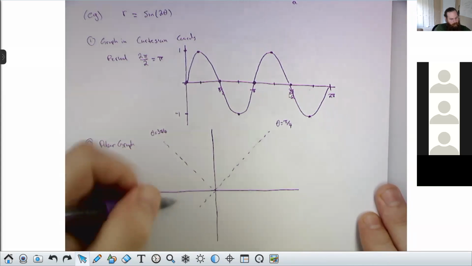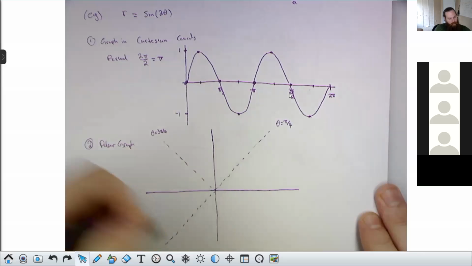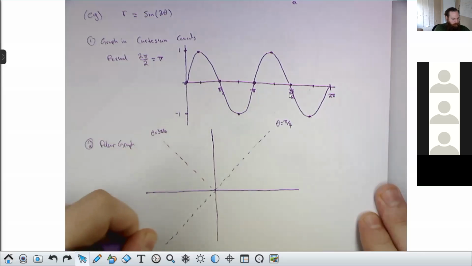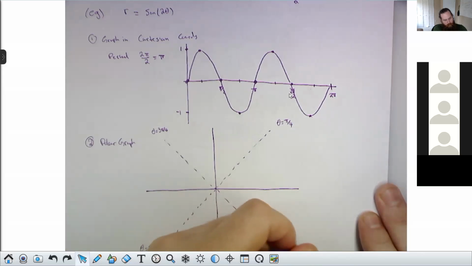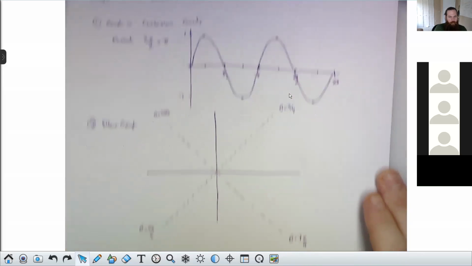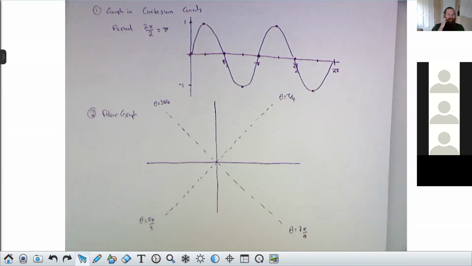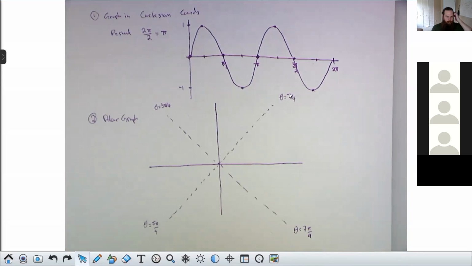Down here would be theta equals 5 pi over 4. And over here would be theta equals 7 pi over 4. And as you work through these problems in your homework, again, I want to encourage you to look at some polar graphing paper. Maybe print some polar graphing paper. It's online all over the place for free. You can download a PDF and print it out.